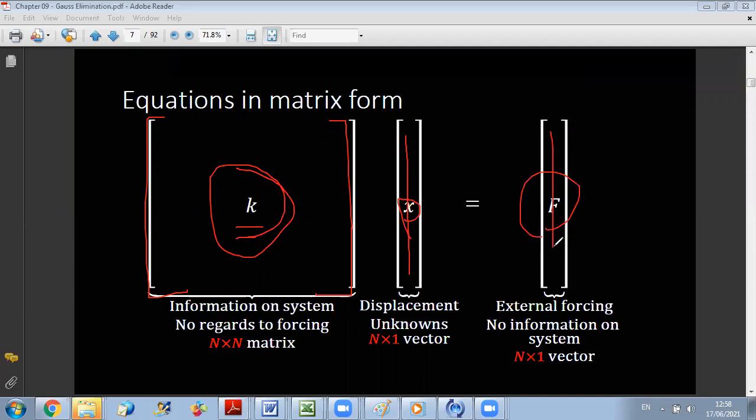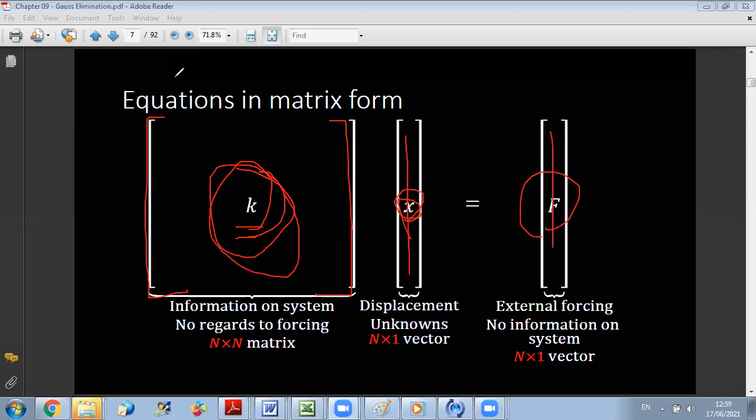Okay, and we will see that in several applications we have the same form. We have a matrix concerned with information on the system, times a variable related to the system, here it was the position, equal to what we impose on the system, here the forces.